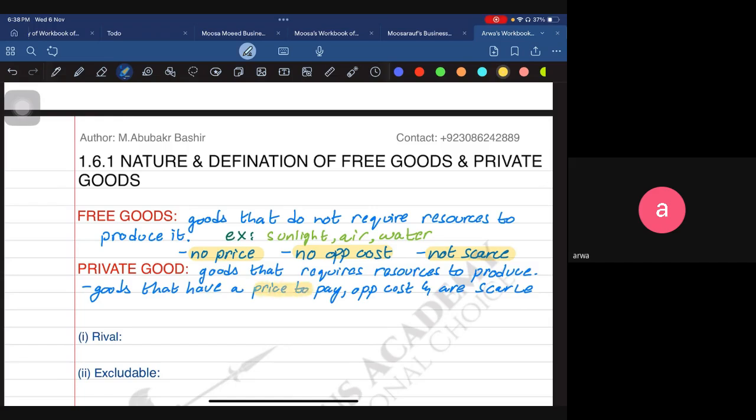So, price to pay, opportunity cost, and they are scarce.